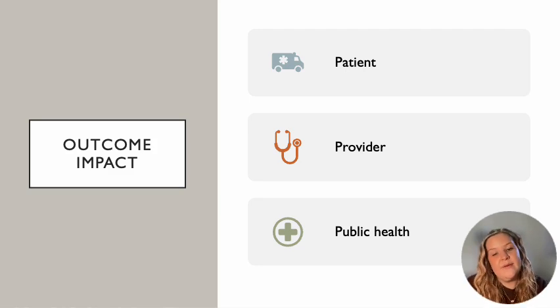The second outcome impact regards the provider and reducing missed opportunities to talk about HPV and the HPV vaccine, and also the providers having the ability to provide consistent and accurate education across the board to the parents.